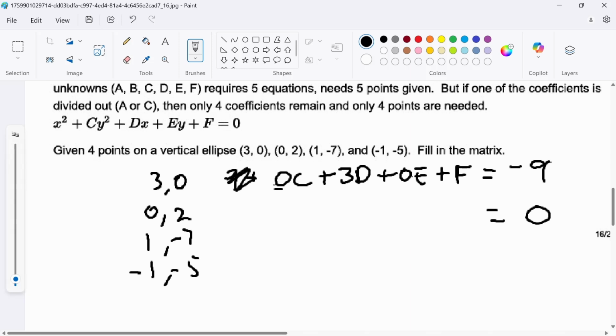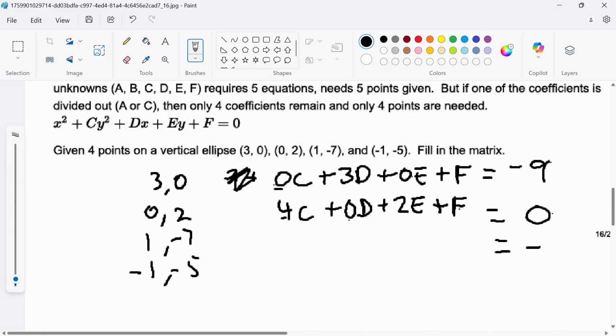cy squared, y squared is 4, so 4c, plus 0d, because it's d times x, plus y times e, 2e, plus f equals 0. So this is 4, 0, 2, 1, 0. That's what I'm putting in the matrix. Next one, 1 squared is 1.